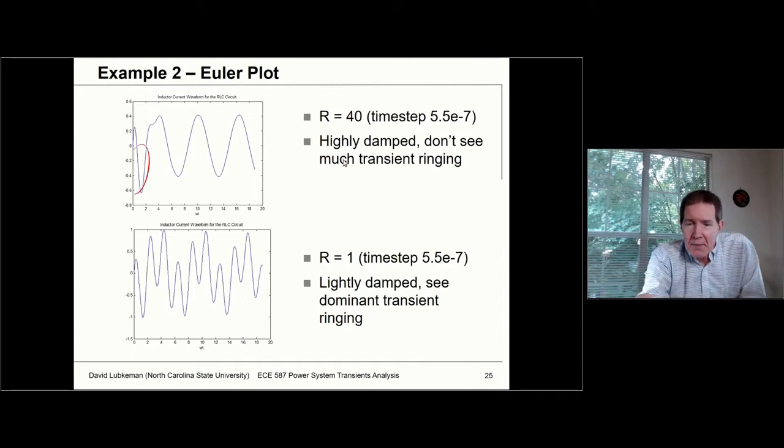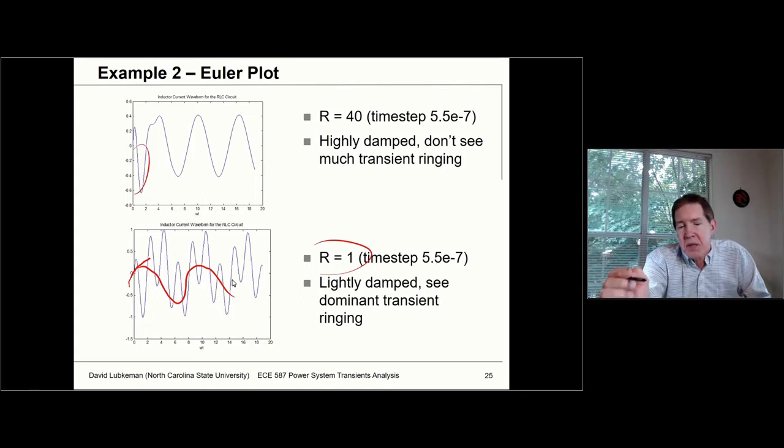Now, what happens if I drop R equal to 1? I'm going to have less damping in the circuit. Okay, it's going to be lightly damped. Now what I start to see is that high frequency component superimposed on the 60 hertz.